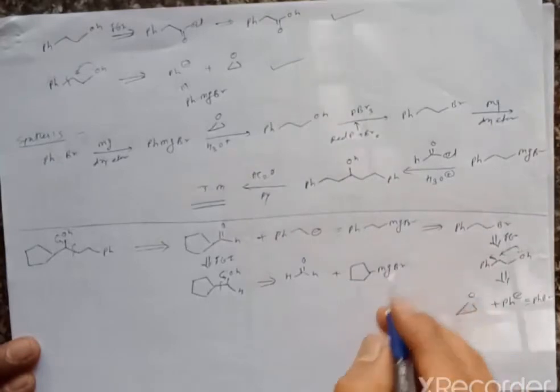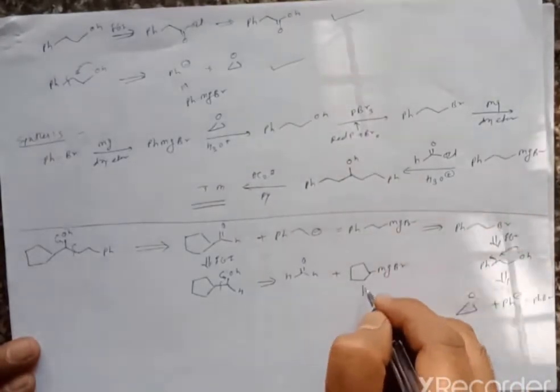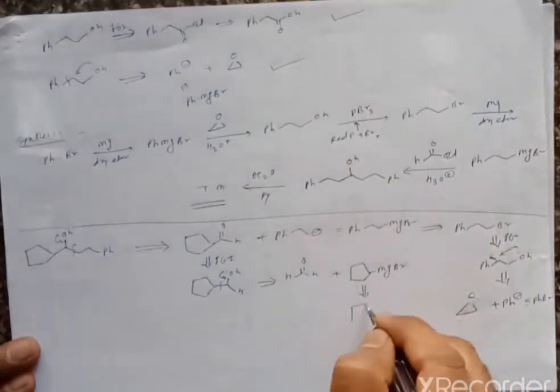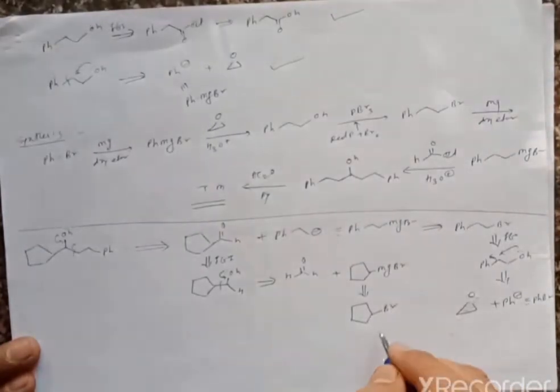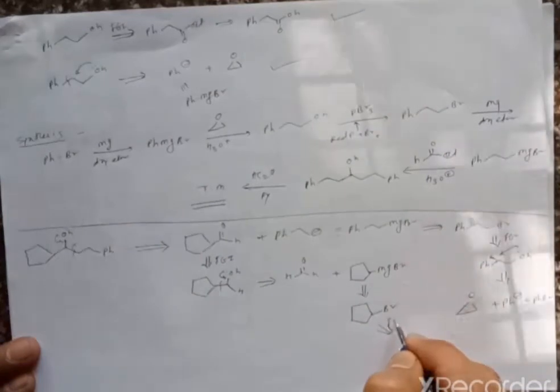So this can be taken from Grignard reagent, and then this can be prepared from cyclopentyl bromide, and if we go for functional group interconversion, this will be the cyclopentanol, and then the cyclopentanol is easily available, right?